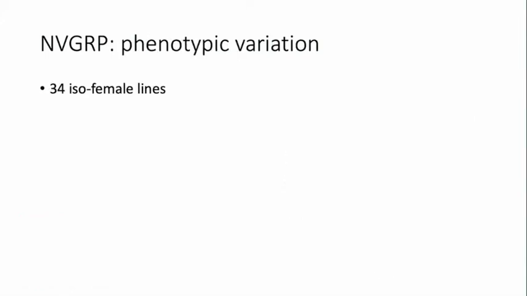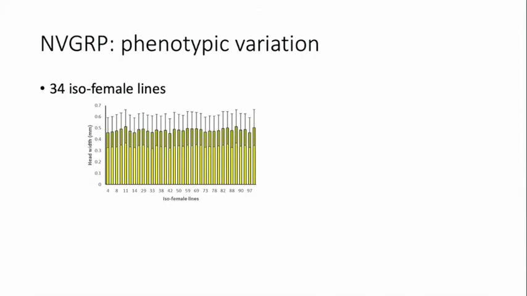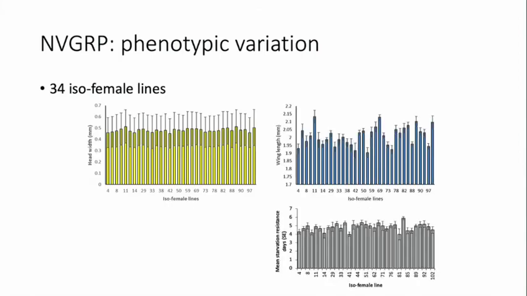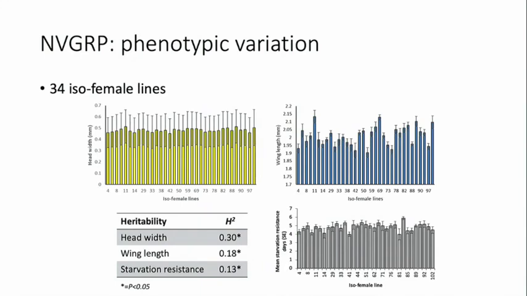If you then look at the phenotypic variation, and I will get to the sex ratio in a bit, here are estimates for some different traits. So this is the variation found in head width between the different lines, wing length, and mean starvation resistance. You see variation, and that results in significant heritability between the lines.